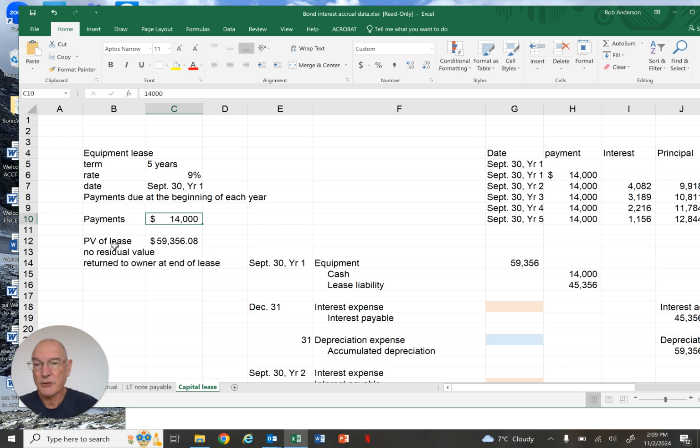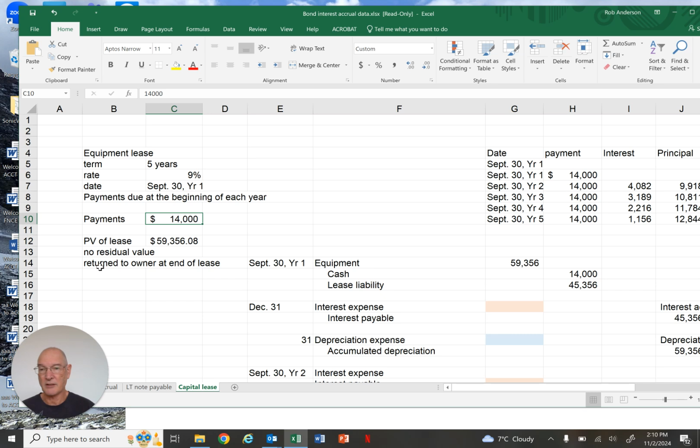In this example, there's no residual value to the item, and it will be returned to the owner at the end of the lease. So the first thing we need to do is build a lease amortization schedule. This is very similar to your bond amortization schedule, and very similar to a table you would create for a long-term note payable.